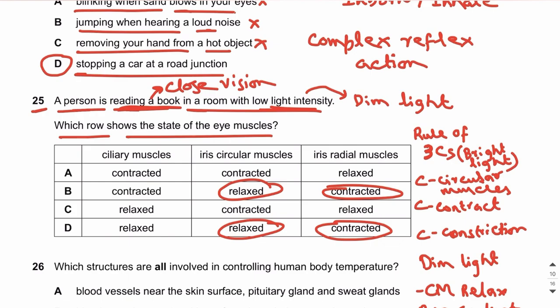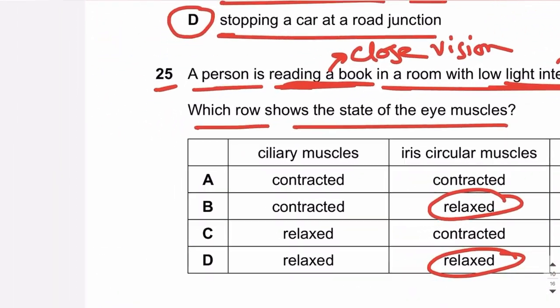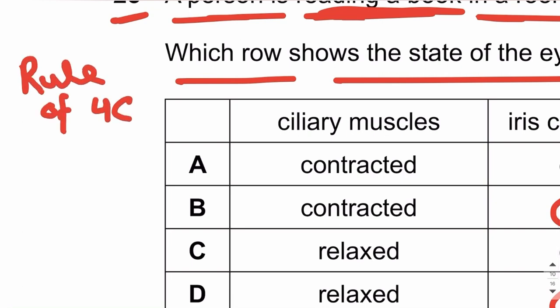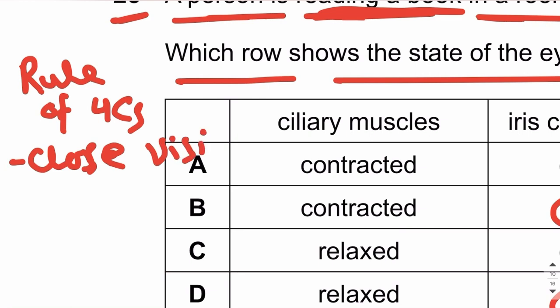Now let's discuss the ciliary muscles. And for ciliary muscles, always follow the rule of 4 C's. Rule of 4 C's. Whenever there is close vision or near vision, what will happen?